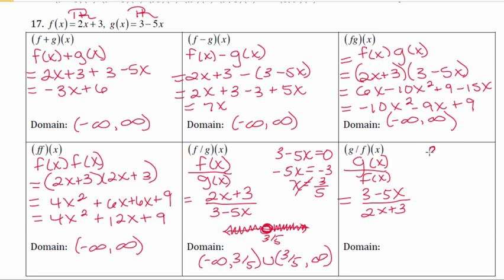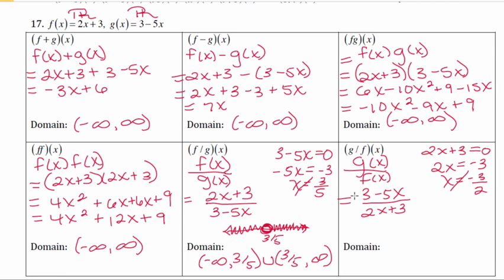So I'm going to take my denominator expression and set that equal to 0, and I'm going to solve. I'm going to subtract 3 and divide by positive 2. And that's actually what x can't equal because it makes my denominator 0.